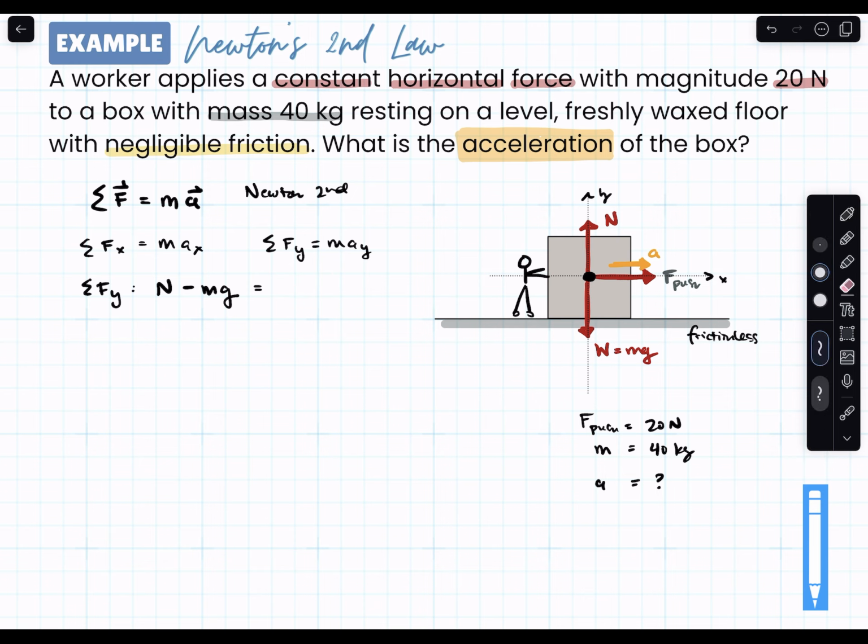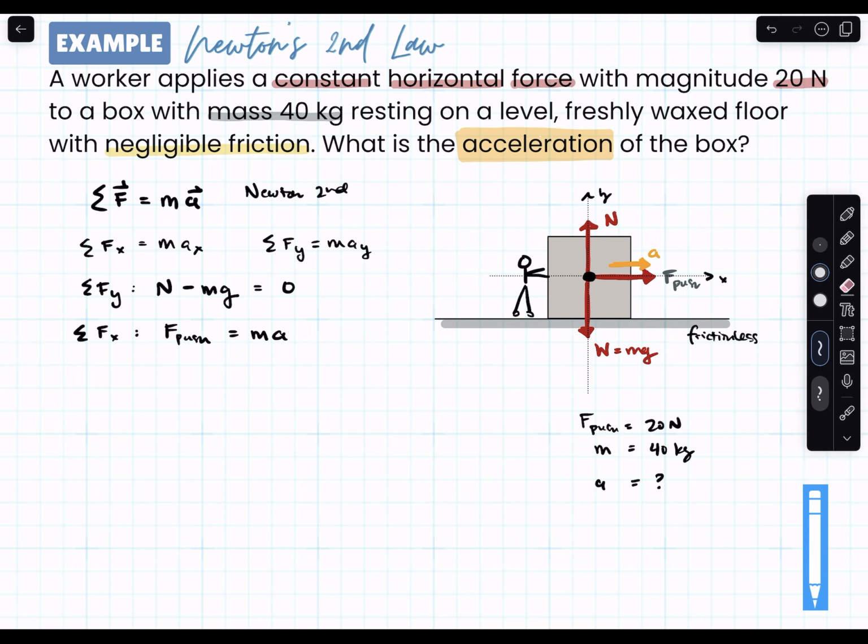So we can actually write our y direction stuff as normal force minus mg equals 0, which means that the normal force is equal to the weight. That's kind of not an issue here because we're really worried about what's going on in the x direction. So in the x direction, we only have one force, that's F push. And it's equal to mass times acceleration in the x direction. But I'm going to leave off the subscript because we only have one acceleration and it's easier to write things without subscripts.